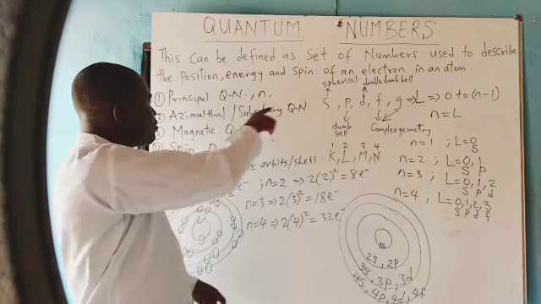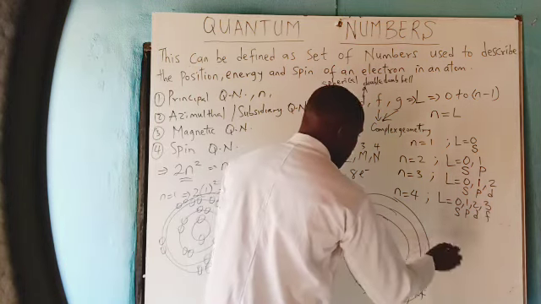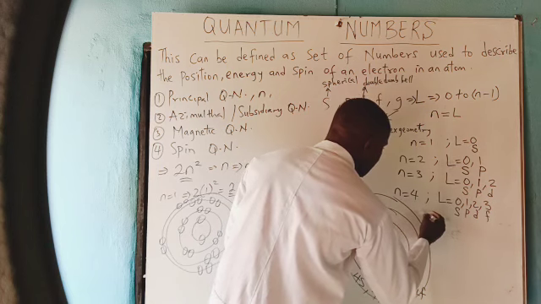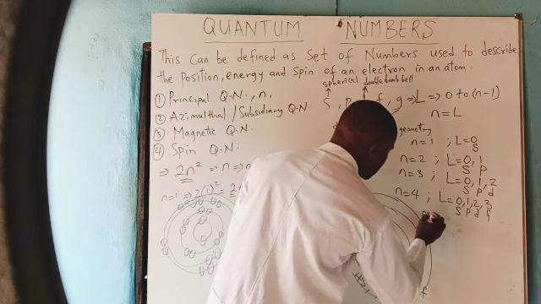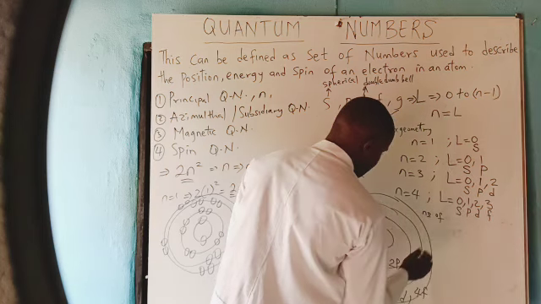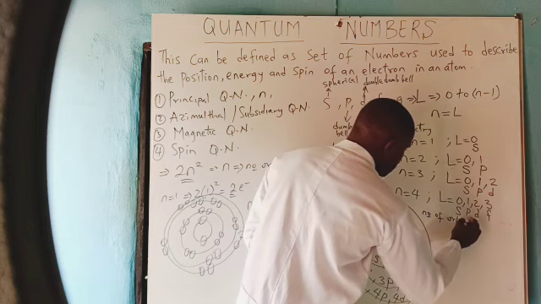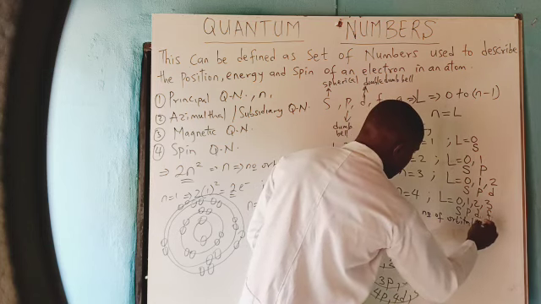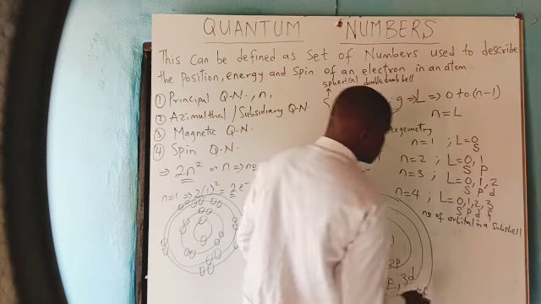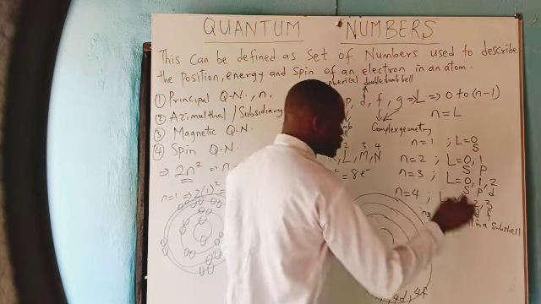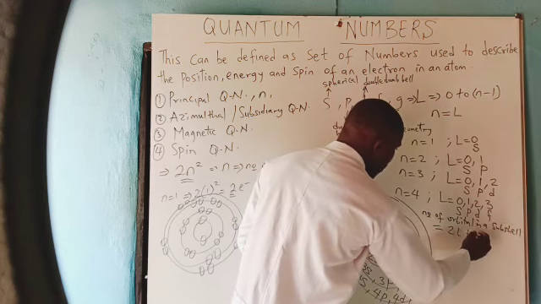According to the azimuthal or subsidiary quantum number, the number of orbitals in a subshell is equal to 2L plus 1.